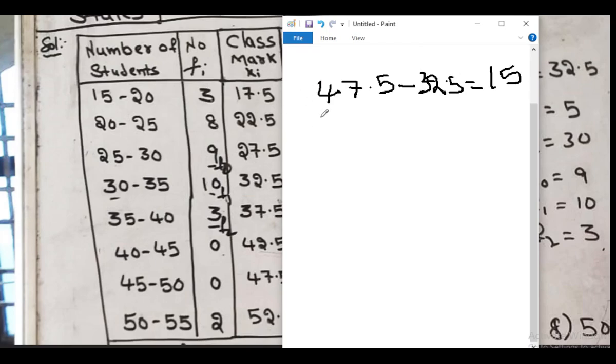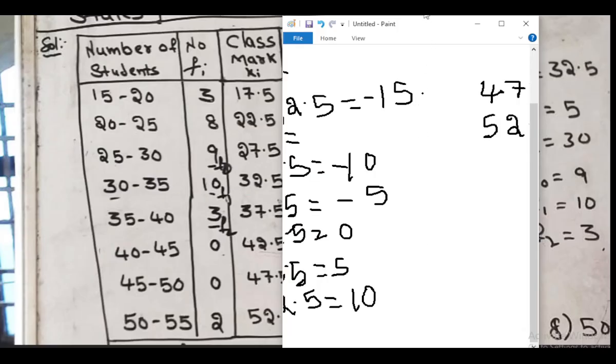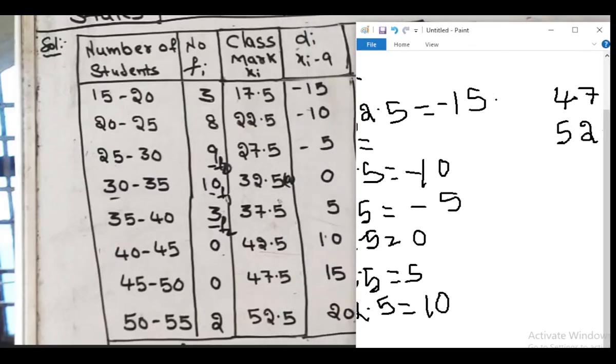Then 52.5 minus 32.5 is equal to 20, the deviation of the next class. Like that we got the deviations of different classes.